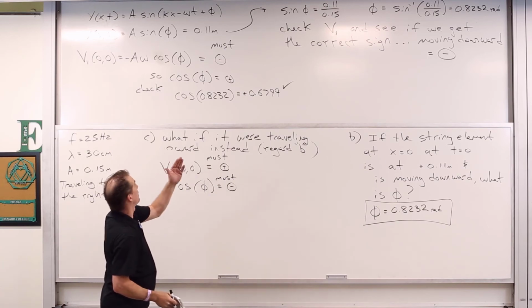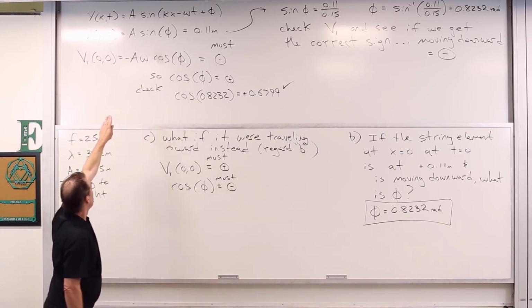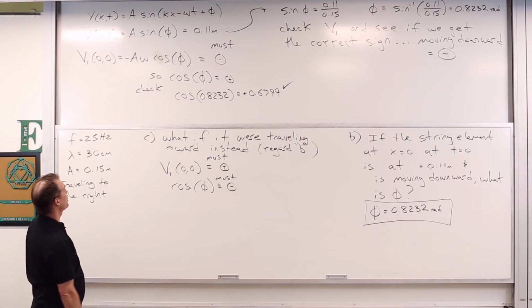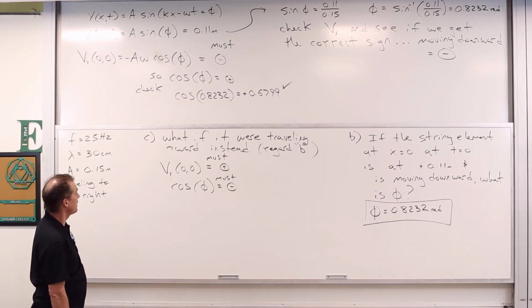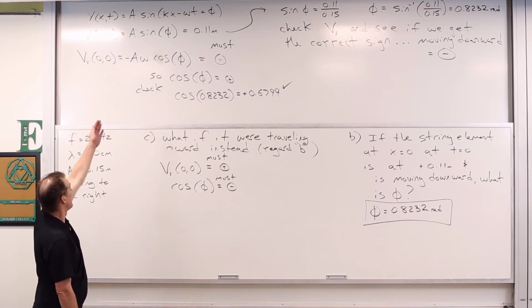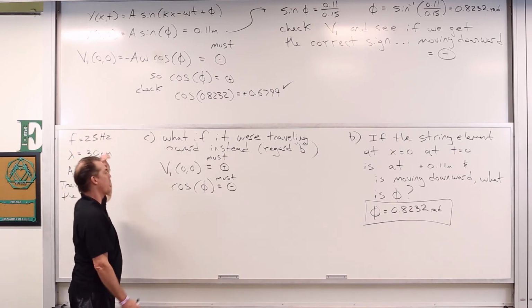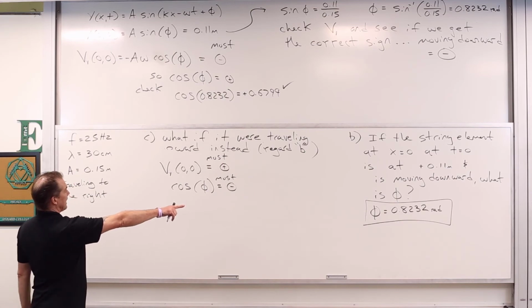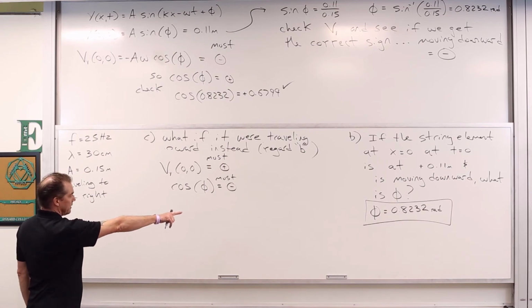Again, by the same logic, negative a omega cosine phi is giving us the sine correlation. Now it has to be positive, so the cosine of phi has to be equal to a negative value. Negative times negative gives us a positive.